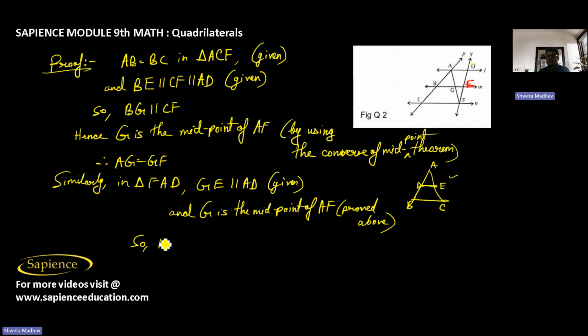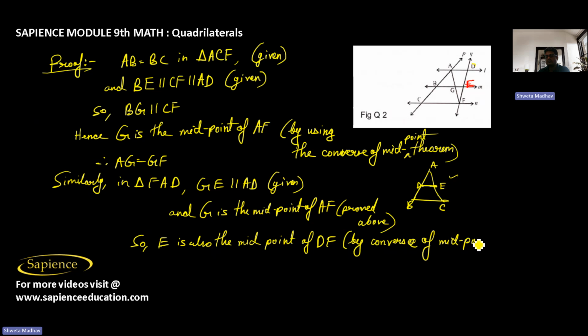So therefore, I can say that E is also the midpoint of DF by using the converse of midpoint theorem. So therefore, you can say that DE equals EF. So hence proof.